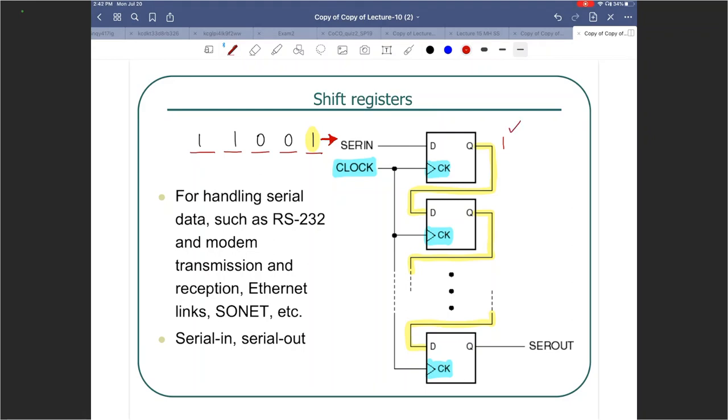After the next positive edge, what happens? That 1 comes over here, and at the same time the 0 moves in here. So let me write down things this way.